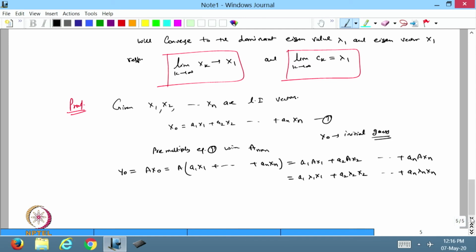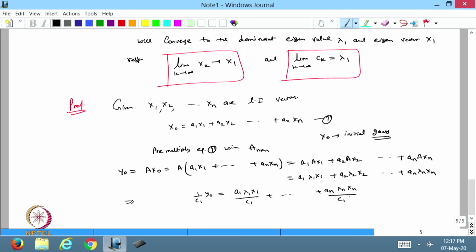So, I can write 1 over c1 into y naught as a1 lambda 1 x1 by c1 and up to an lambda n xn by c1.